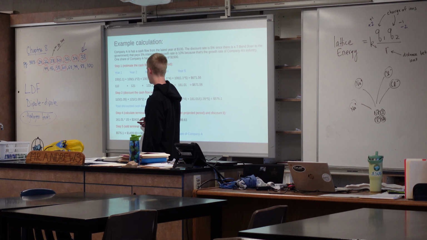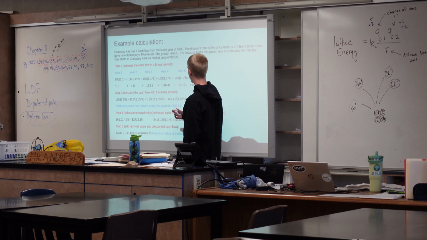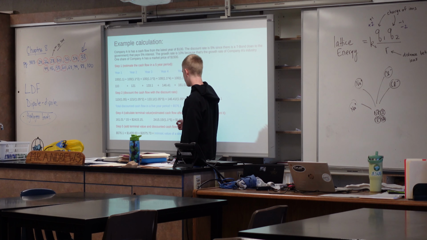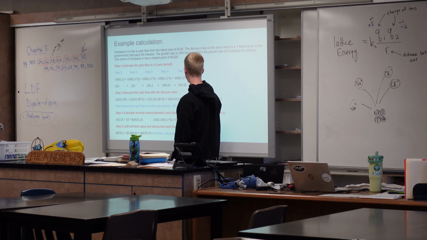But then you need to discount this value too. So you discount it by 1 plus the discount rate to the power of 5, because there's 5 years. And this is the final answer, 1,499.63.